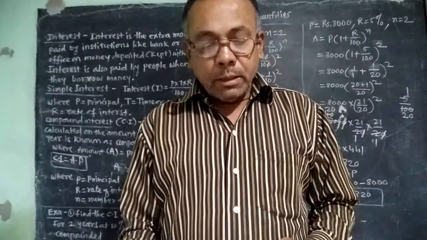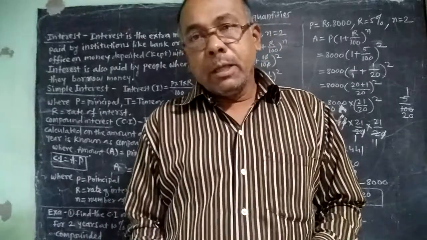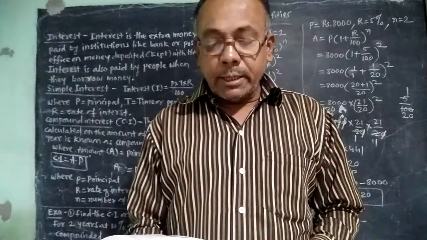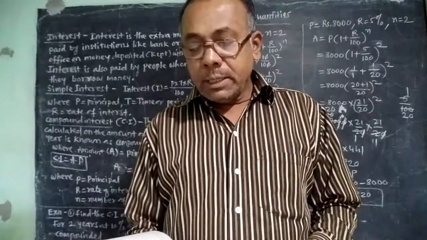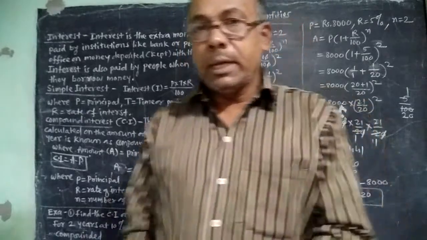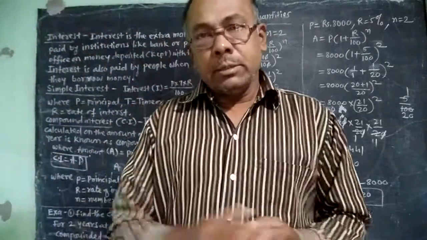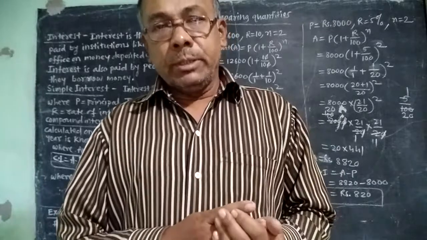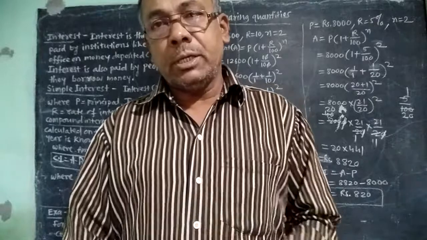If the conversion period is not specified, then it is taken as 1 year and the interest is compounded annually. And the examples related to half yearly as well as quarterly we will see in the next period.